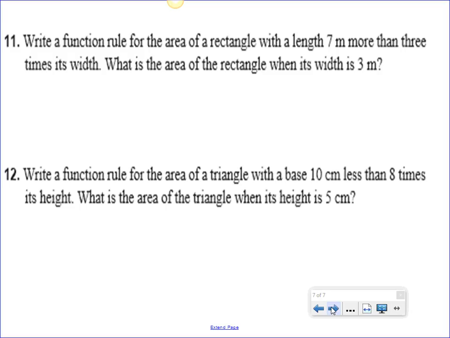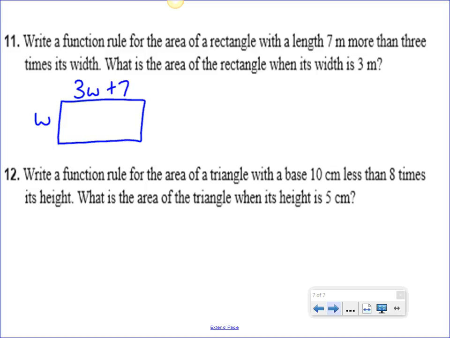Okay, next one. Write a function rule for the area of a rectangle with a length 7 more than 3 times the width. Another way to think about it is drawing a picture. If I've got a width here and I know that the length is 7 more than 3 times the width, so 3 times the width plus 7.